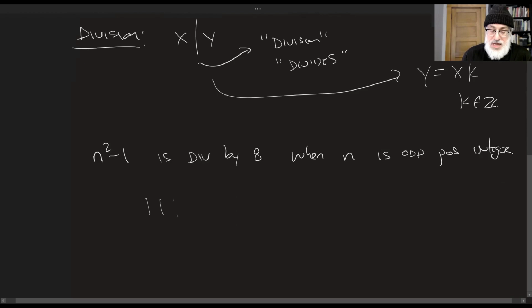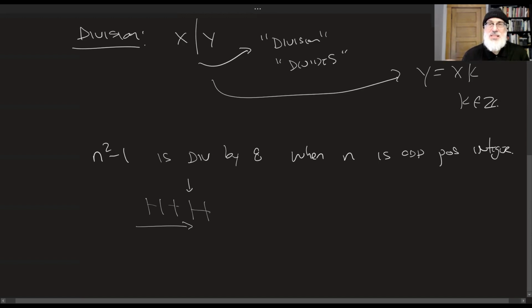If I have a bunch of dominoes and I assume that, say in this case, everything up till this particular integer has n squared minus 1 divisible by 8, then if I prove the next case, no matter where you start, I've proven the next case. So it's sort of like a domino falling. This one hits this, hits this, hits this.